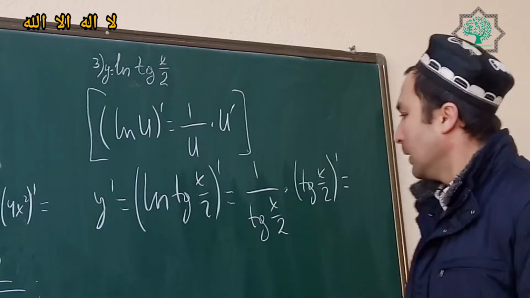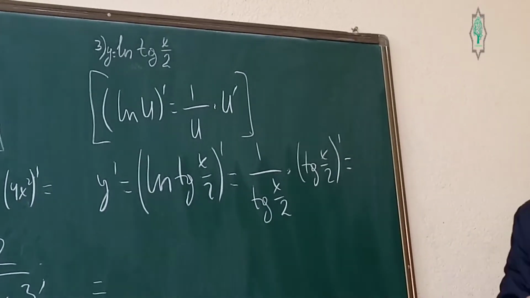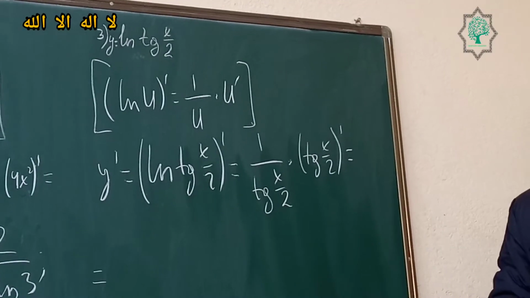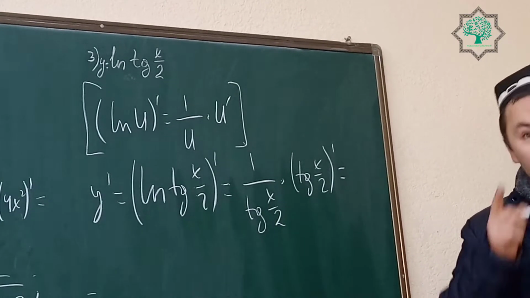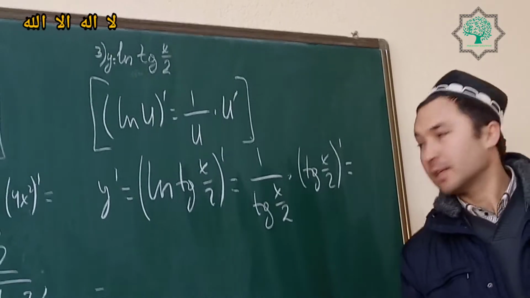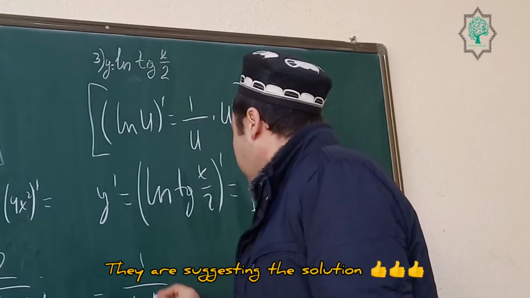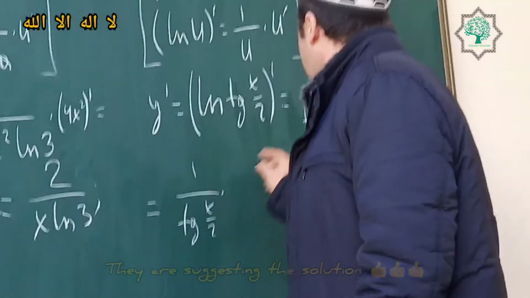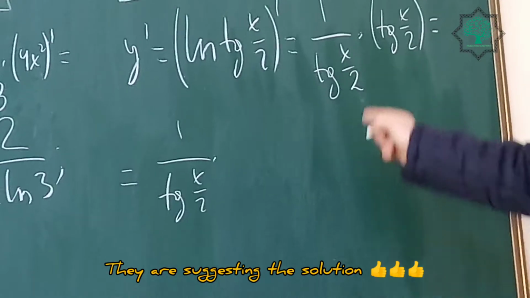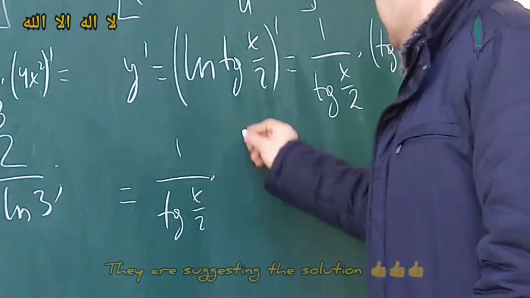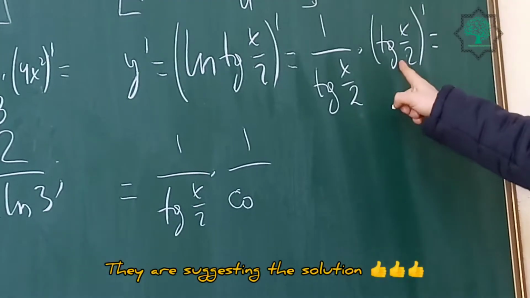Yes, great. Do you remember what was the derivative of tangent? 1 by cosine squared x. Yes. I have written this part of the problem, and then there is the derivative of this. It is also a composite function.